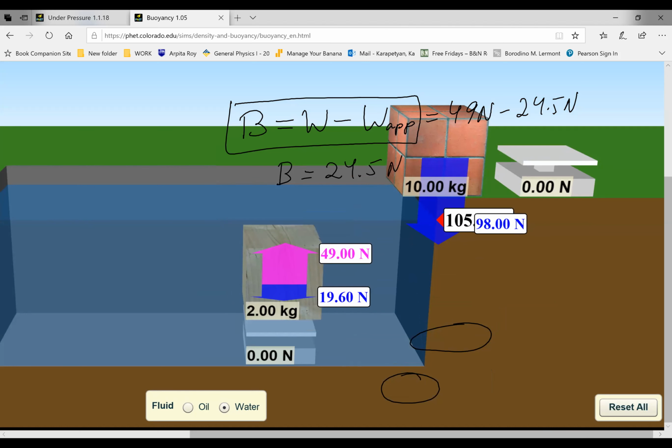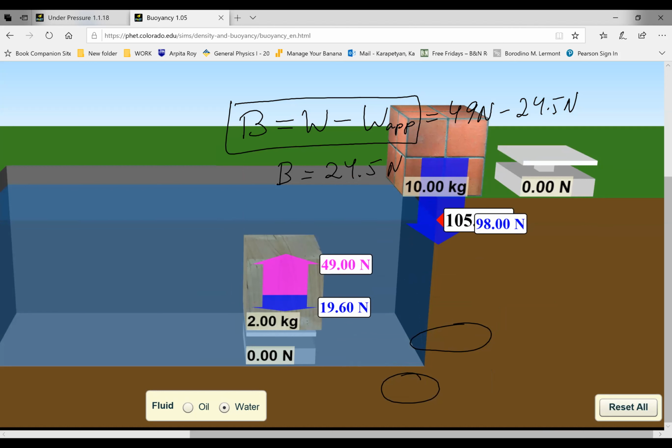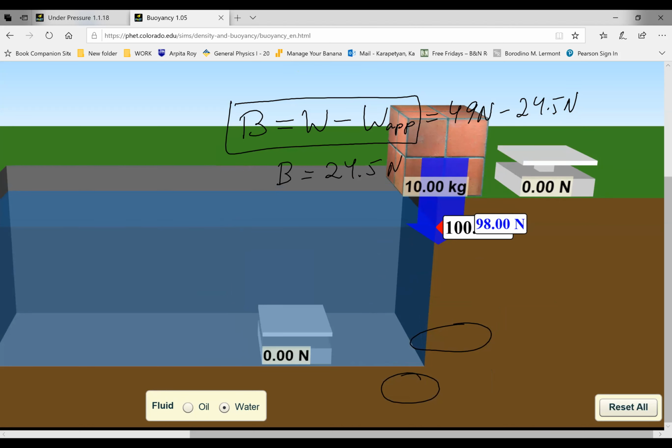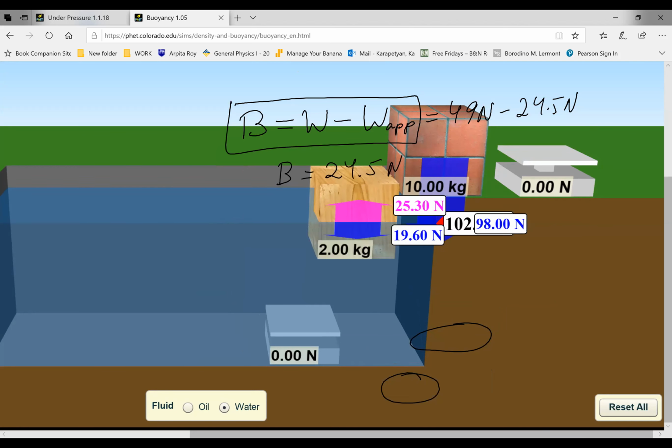All right, it doesn't work for this one because I guess it's too light. It didn't work on this one, but for the previous one, it's basically the same idea. All right, so let's go back to the lecture to wrap this up.